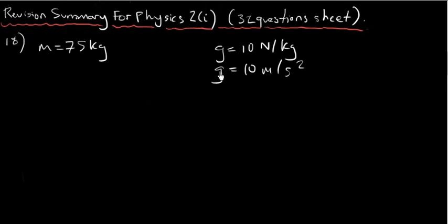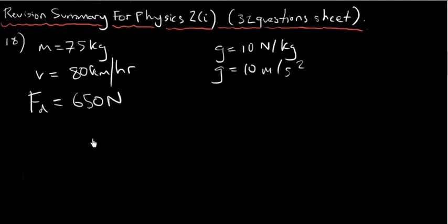So these are the same, and that's the mass, and they give us a speed down, which is 80 kilometers per hour. And they tell us that at that speed the drag force, the force of drag of the air, otherwise known as air resistance, is 650 newtons.